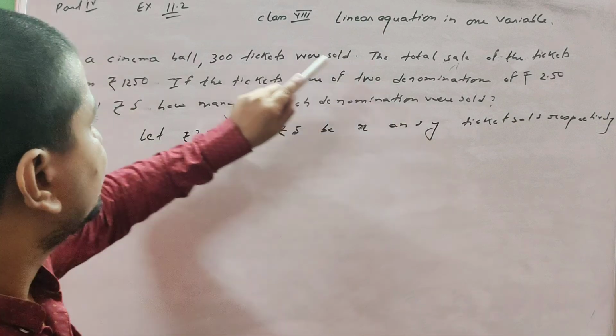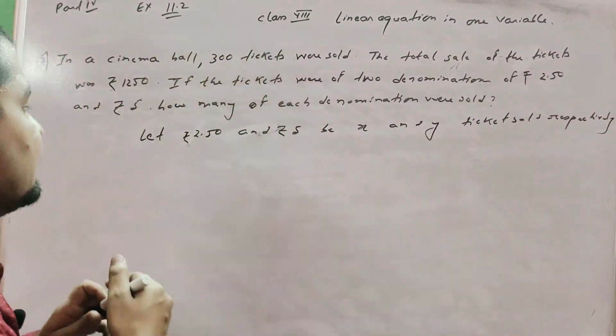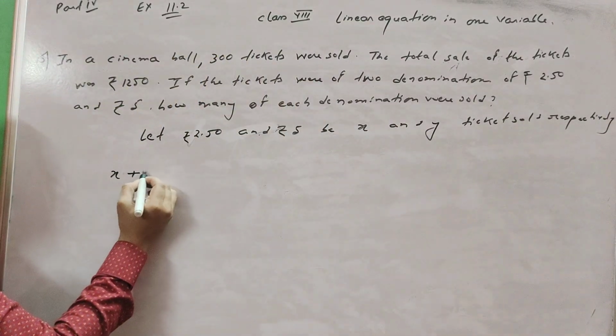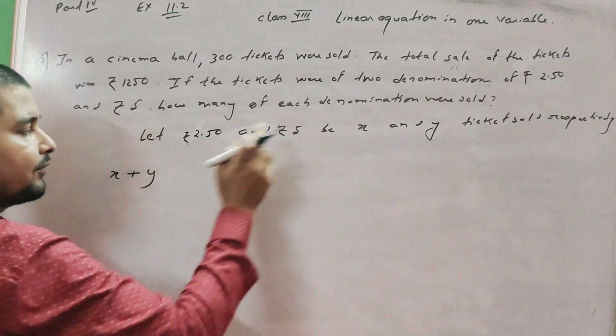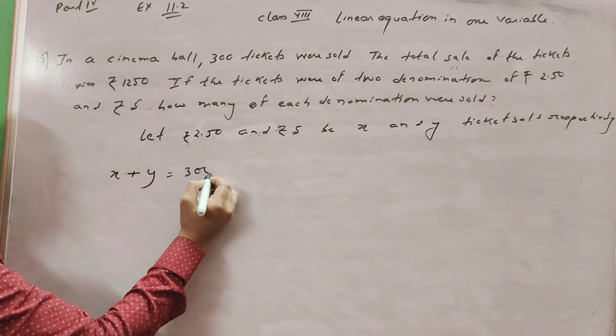So X plus Y, that means total tickets, is 300. So our first equation is X plus Y equals 300, as given in the question.